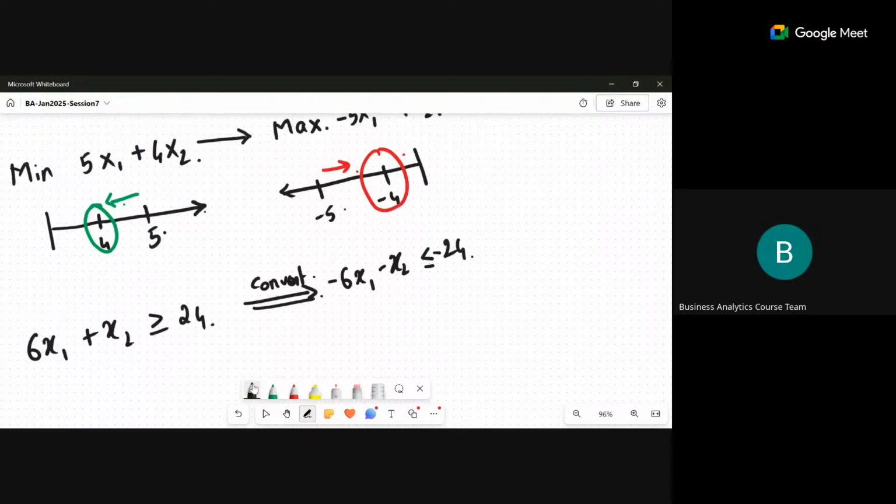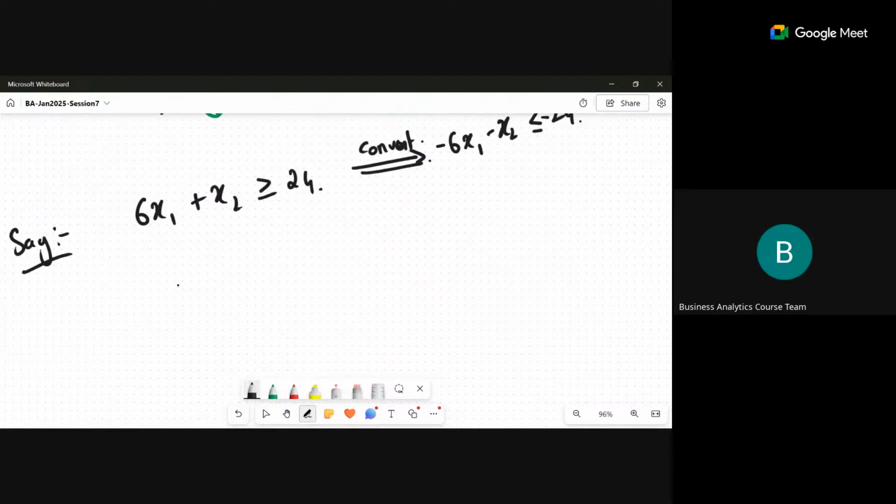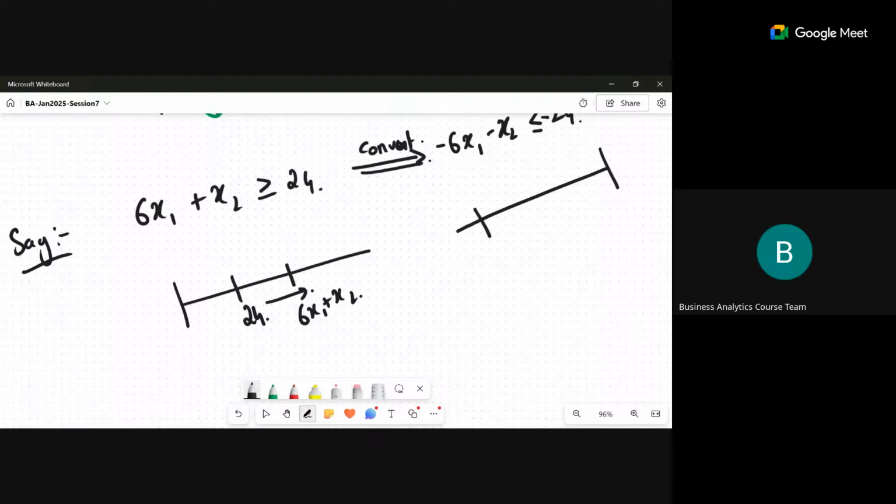Same logic, right? Minus 6x1 minus x2 less than or equal to minus 24. Why? Again, look at the scale. You have 24. You want to move away from 24 by adding 6x1 plus x2, which is the same as saying you have minus 24.